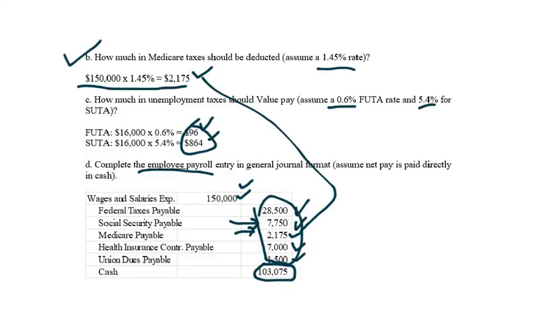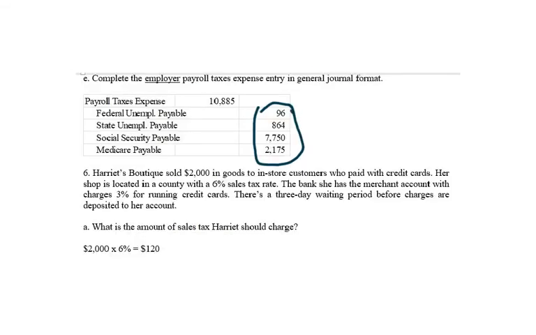Just to recap, federal unemployment, $96, and $864 for state, so we included both of those numbers. And then these are just the matching amounts for Social Security and Medicare, $7,750 and $2,175 for Medicare. Add all that together, and you'll get payroll tax expense of $10,885.